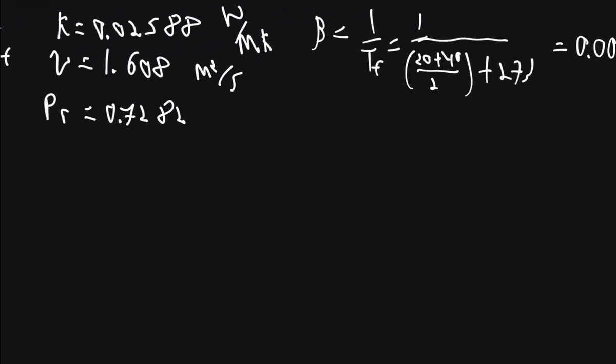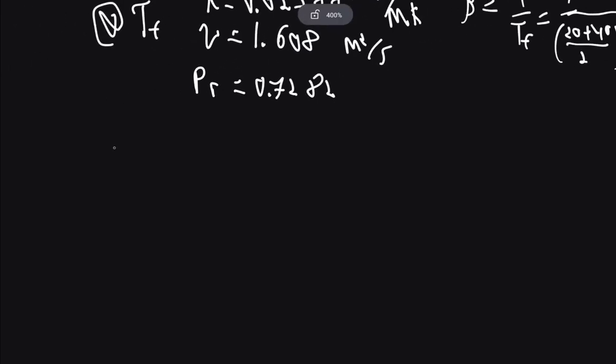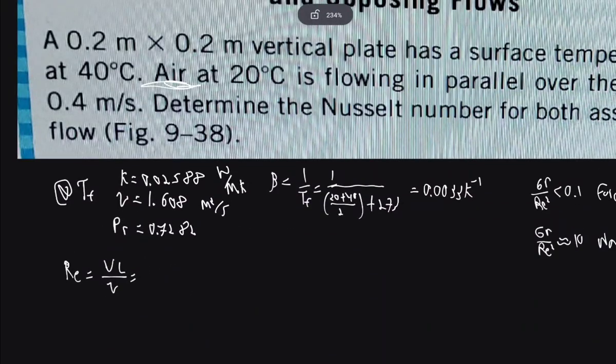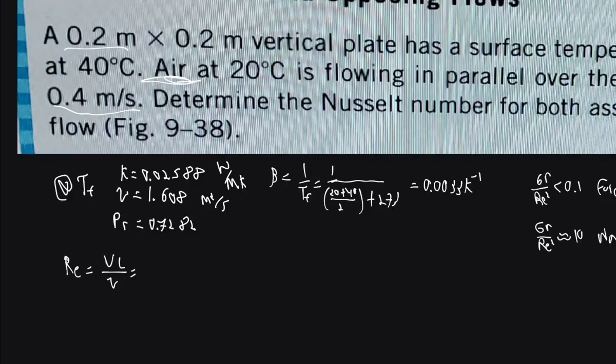To figure out which one we do, though, we have to actually calculate these values. So we go back to what we've been doing for a while and calculate Reynolds number. Reynolds number is velocity times the characteristic length over the kinematic viscosity. All right, what do we have? Well, there's a characteristic length. That's an easy one. We're given the kinematic viscosity and 0.4 meters per second.